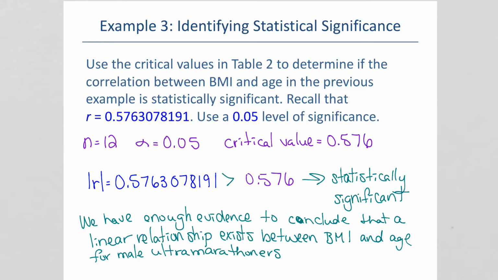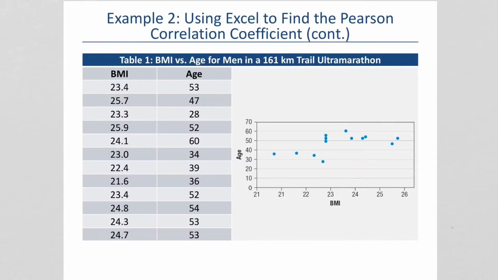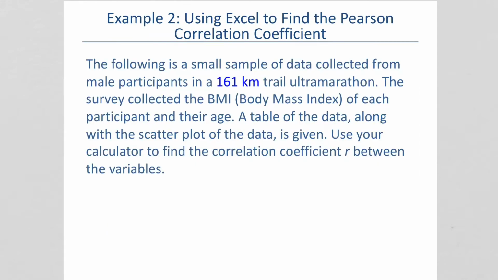Okay? So let's go back and read example 2, and then we'll get on the computer. The following is a small sample of data collected from male participants in a 161-kilometer trail ultramarathon. The survey collected the BMI, body mass index, of each participant and their age. A table of the data, along with a scatter plot, is given.